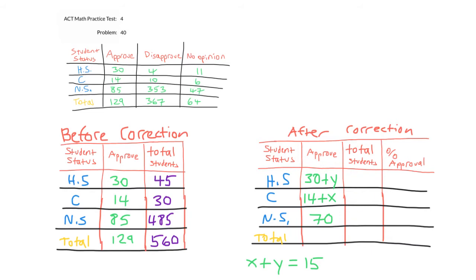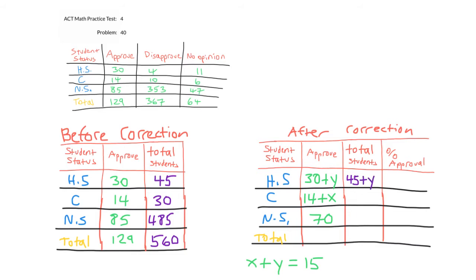Let's see what else. Total students. It's going to be a good idea to figure out the total students, because we're going to be analyzing the percent of high school students who approve. Before this correction, there were a total of 45 high school students, but now it's going to be 45 plus y.